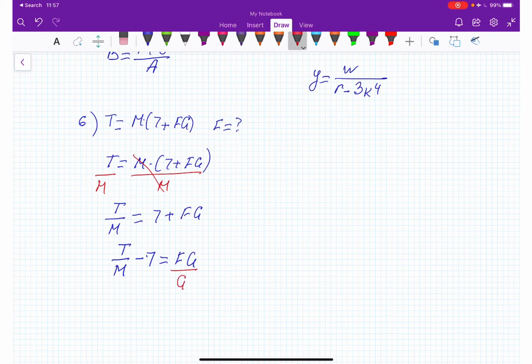Next, to find f, I have to divide by g, because it's the coefficient of f. Dividing by g here, and here also dividing by g. So what do we get? T over m divided by g. If we have g, that means the denominator is going to be 1.